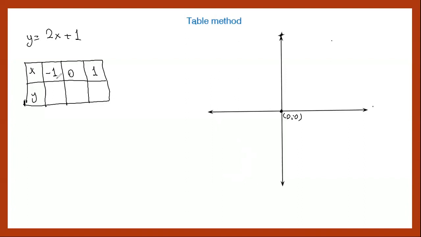For this one, if I put -1, you just take the number and place it into the equation. So y equals 2 times -1 plus 1.